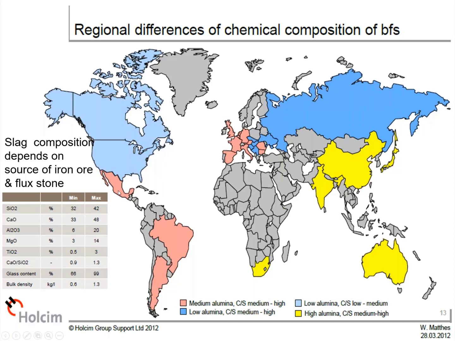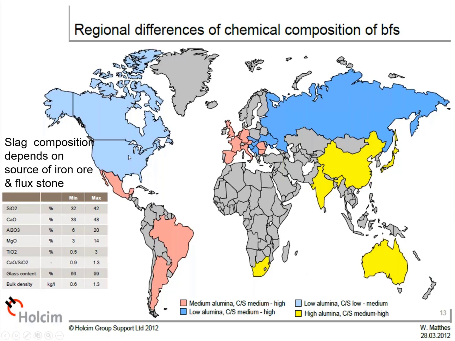Whereas South America or Central America have higher alumina contents. And Asian countries have very high alumina contents, China, Korea, Japan, for example, and Australia and South Africa. That has some impact on whether they intergrind calcium sulfate in the slag. But from a given source, it's very consistent.